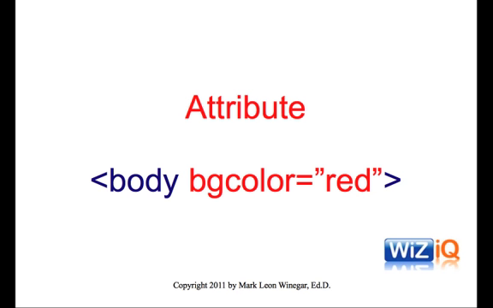BG color equals, quote, red, end quote, is an attribute of the reserved word body. In this particular case, what it would do is define the body of our web page, everything that's viewable in the browser, to have a background color of red.